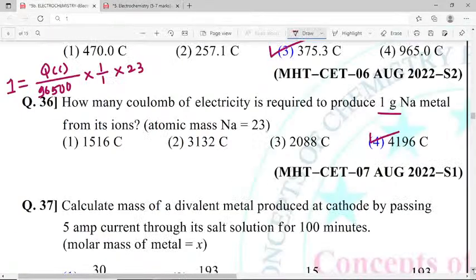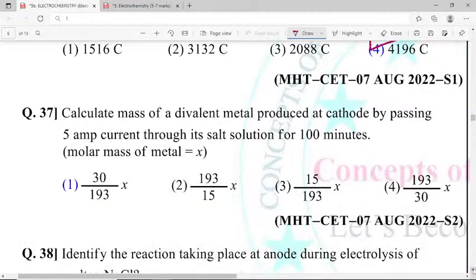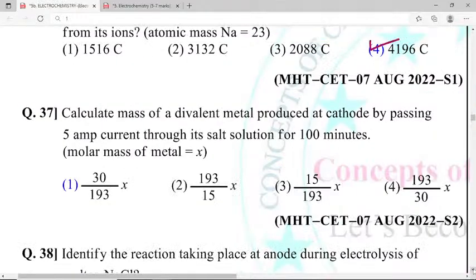Next question. Calculate the mass of divalent metal produced at cathode by passing 5 ampere current through its salt solution for 100 minutes. Molar mass X. Mass of divalent metal A, mole ratio 1 by 2. So what is the formula here?